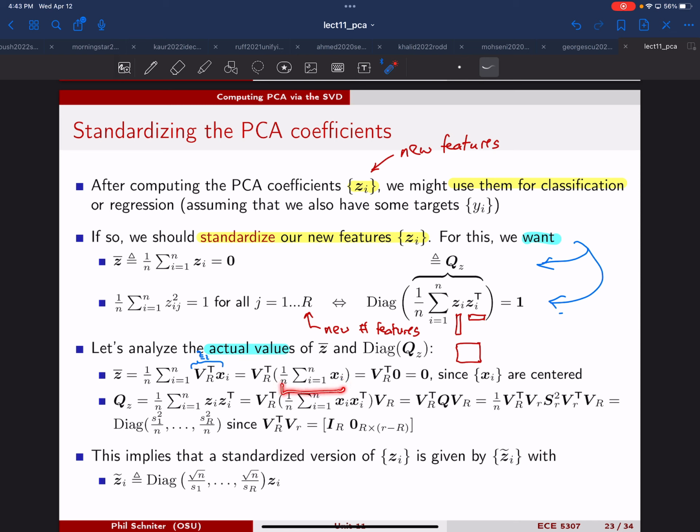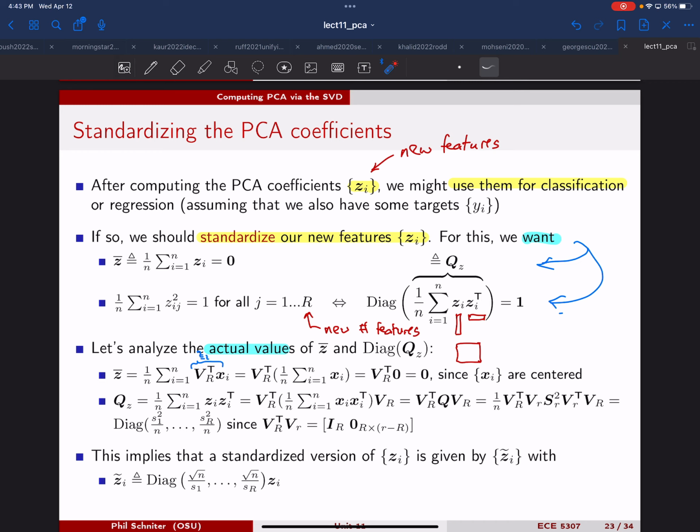If this vector is 0, then this matrix times 0 is also 0. So it turns out we don't have to do anything to make sure our new features are 0 mean. They're 0 mean automatically. That's convenient. So that's done.